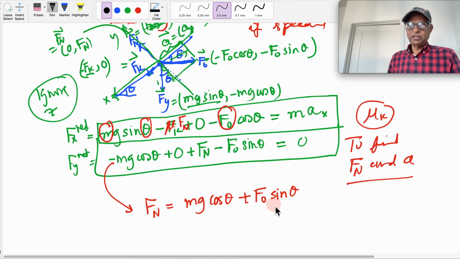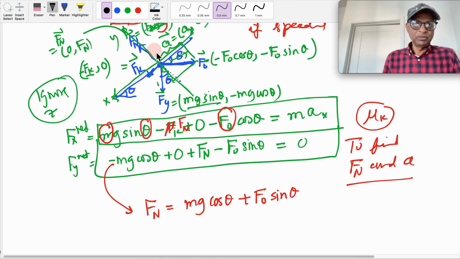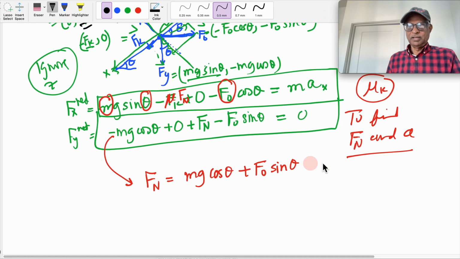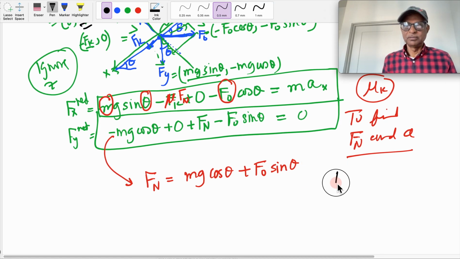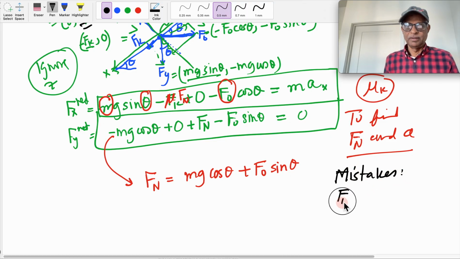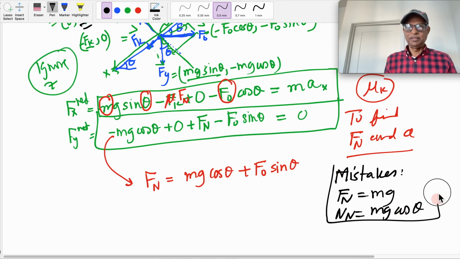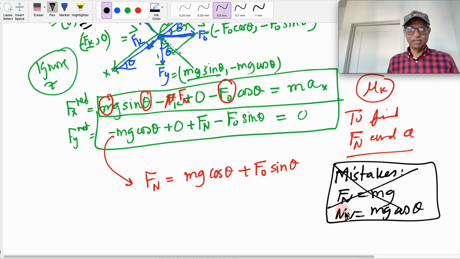I was telling you earlier that when some people look at the Fn, their gut reaction is mistakes like this, okay? Say Fn equals mg, or Fn equals mg cosine theta. These are big mistakes.